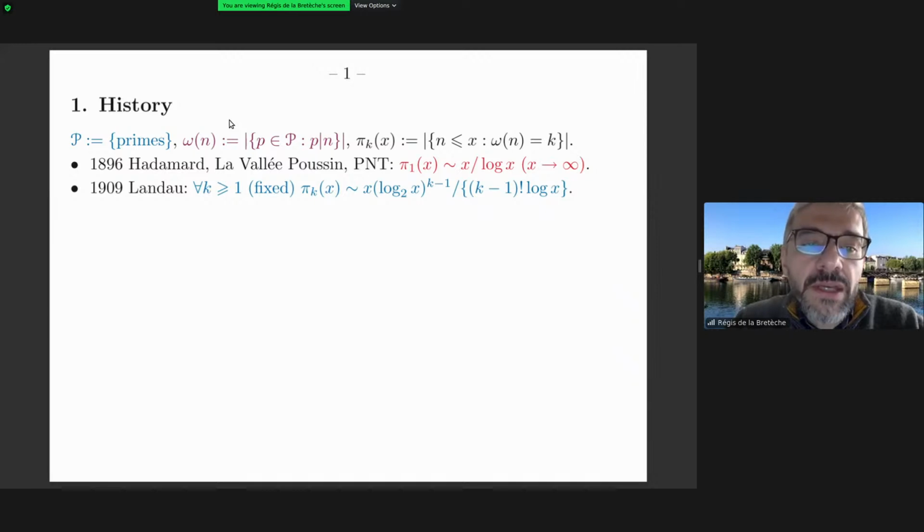So for each fixed k, we have the equivalent: P_k of x is equivalent to x times (log log x) to the power k minus 1 over the factorial of (k minus 1) times log x. So here, log index 2 is the log log function. Okay.